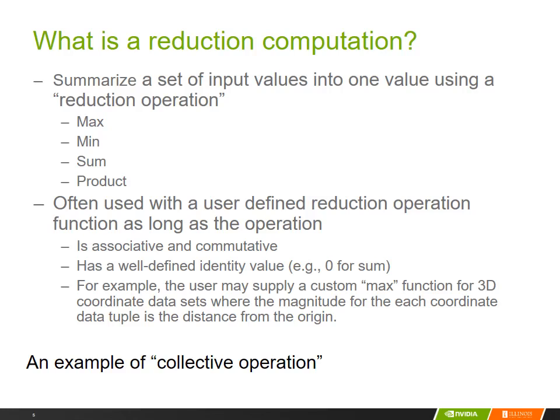In general, reduction is part of a family of operations called collective operations. In large parallel systems, we have these collective operations that would essentially be used to produce some kind of collective result of a large number of parallel execution threads.